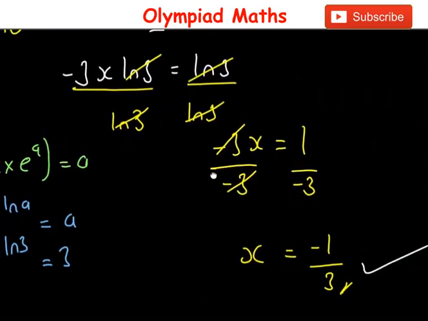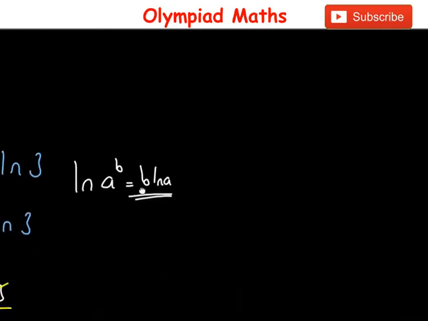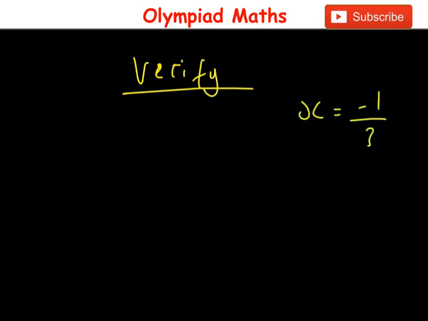So with this, the next thing is to verify if the value of x is the correct solution for the given question. So right here, let us verify this. We got the value of x to equal minus 1 over 3. And the question, which is 27 raised to power x plus x is equal to 0.